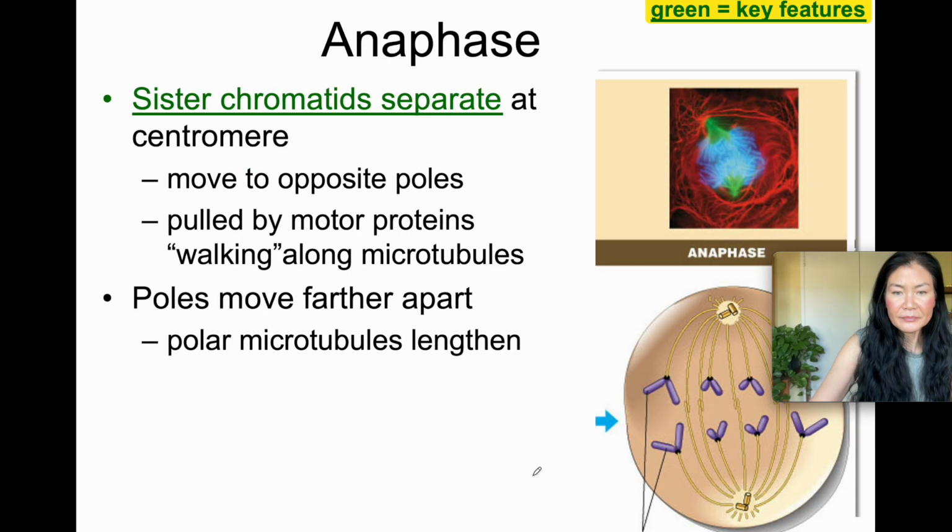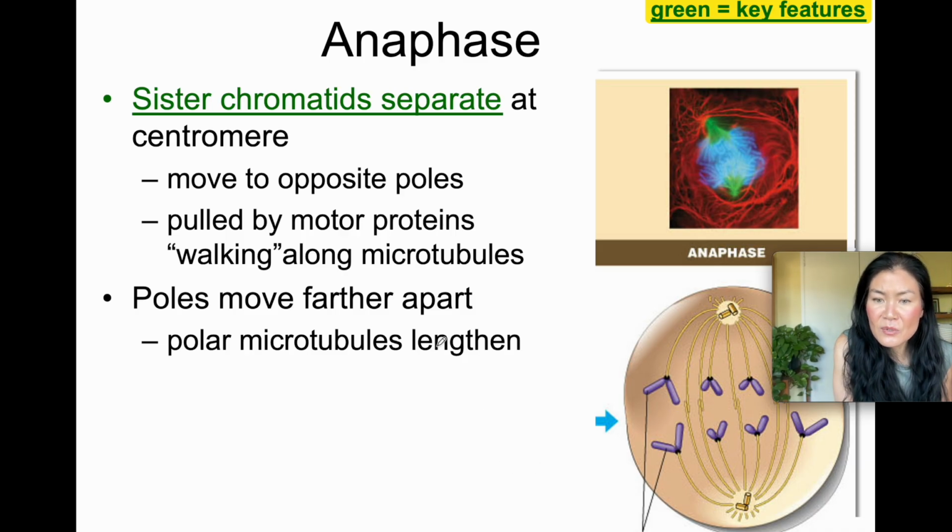Then in anaphase, the sister chromatids actually split up, and the microtubules get shorter and shorter. As they get shorter, they move the sister chromatids in opposite directions, closer to the centrioles, and the cell ends up splitting right down the middle.